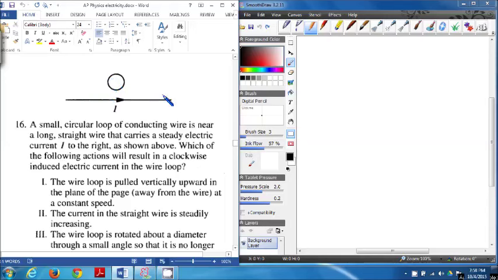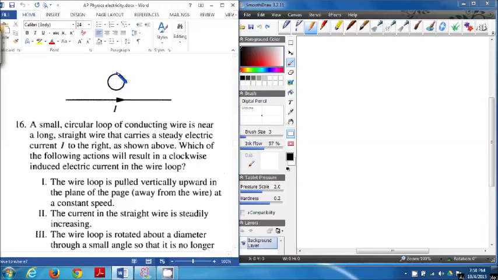We can apply the right hand rule. If the thumb is pointing in the direction of the current, the curled fingers will point in the direction of the field. So if the current increases in this direction, the field will increase in the direction coming out of the plane of the loop.